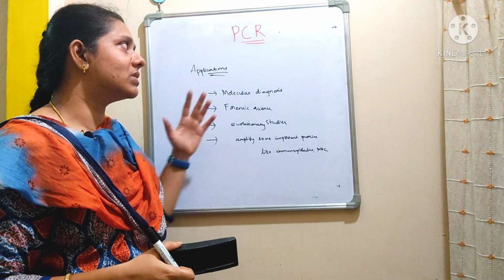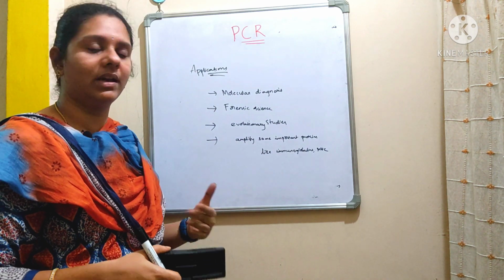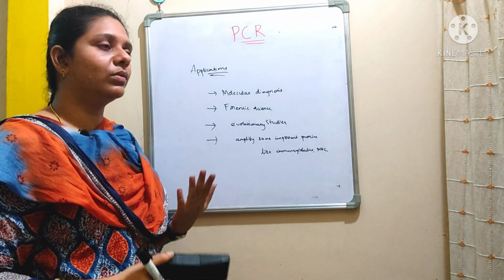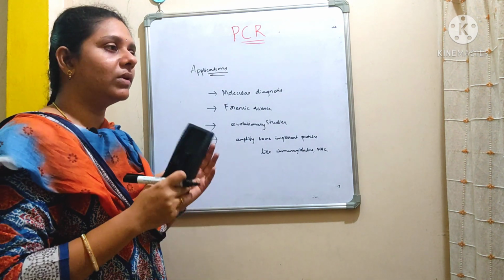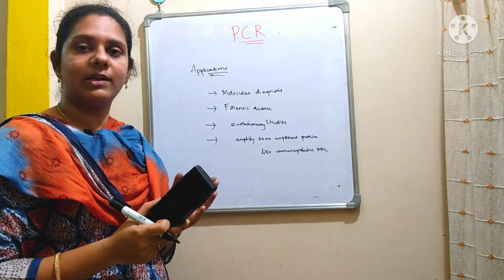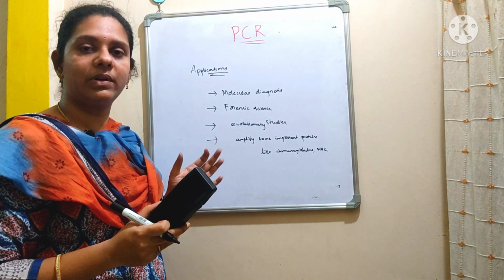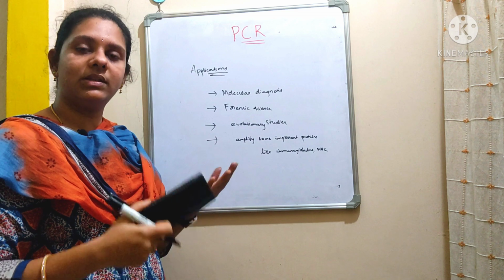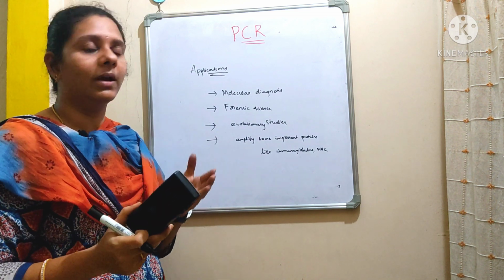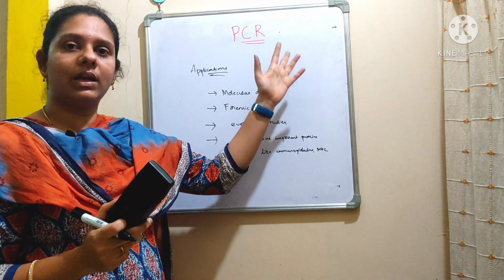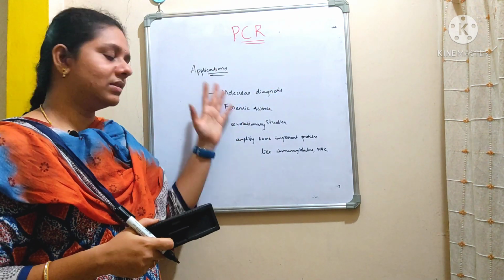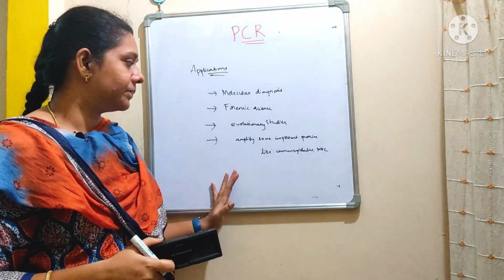And because PCR can be applied in several fields, like to solve paternity issues and to identify mutants. And whenever you perform genetic engineering experiments, like when you transfer a gene into an organism, you want to identify whether the gene transfer has occurred or not. In that case also you can use the technique of PCR. In that way you can apply this technique in several fields. These are some of the examples.